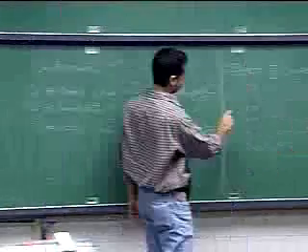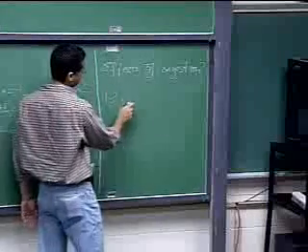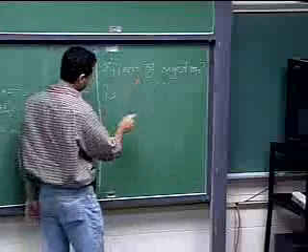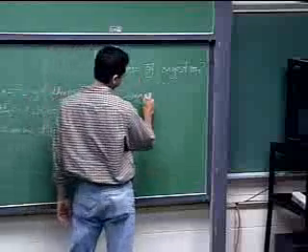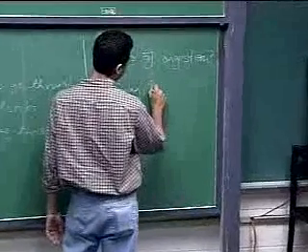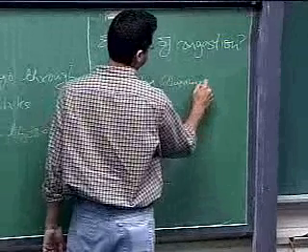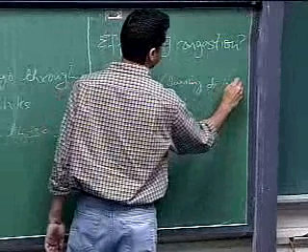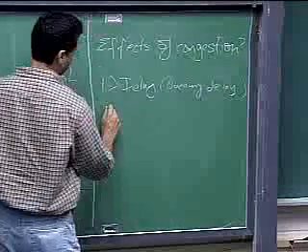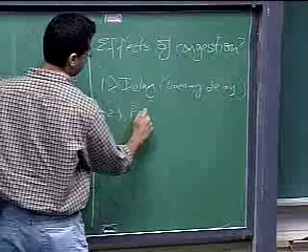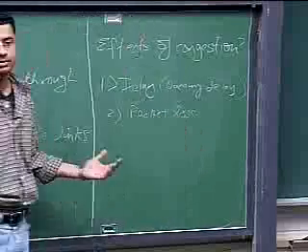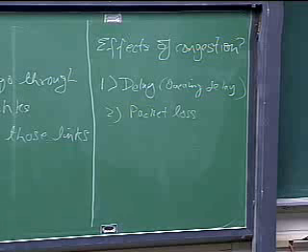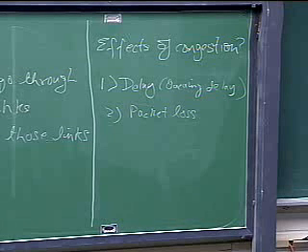Effects of congestion are two. One is what you were talking about, delay: queuing delay. And second is packet loss. When the queuing delay becomes so large, when the buffers become full, packets are going to be dropped.